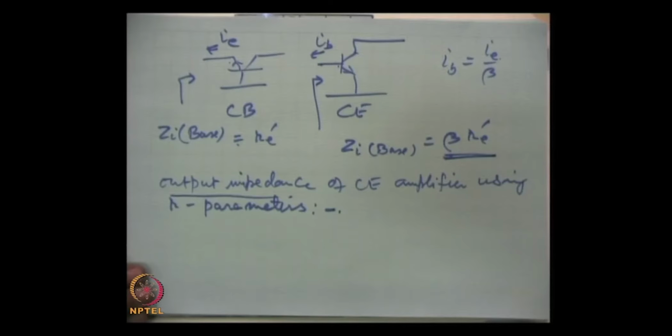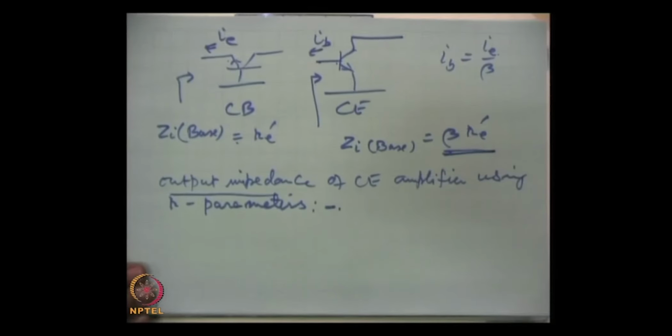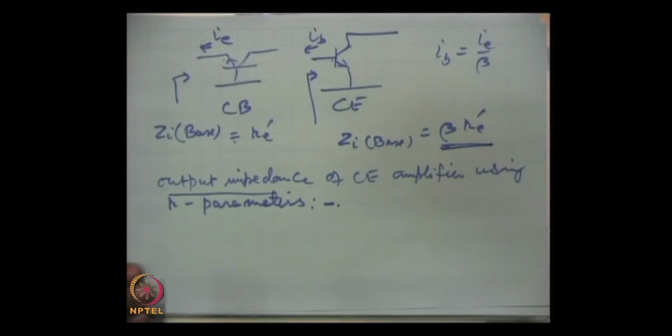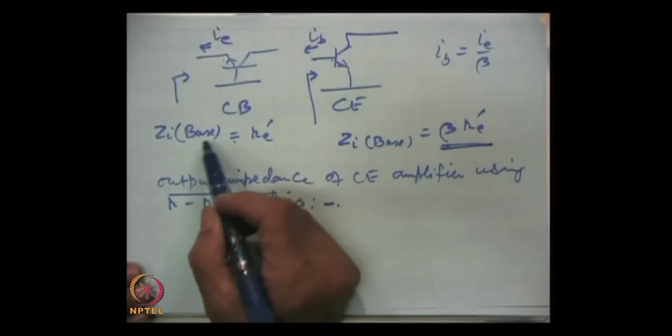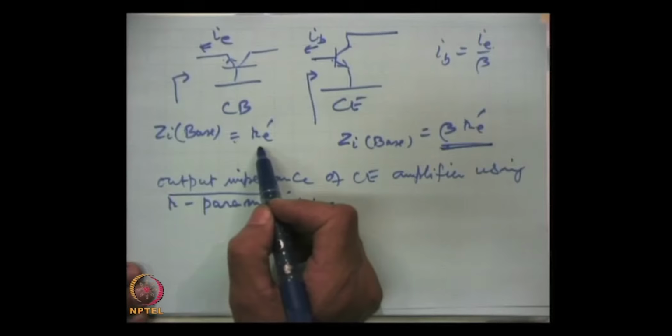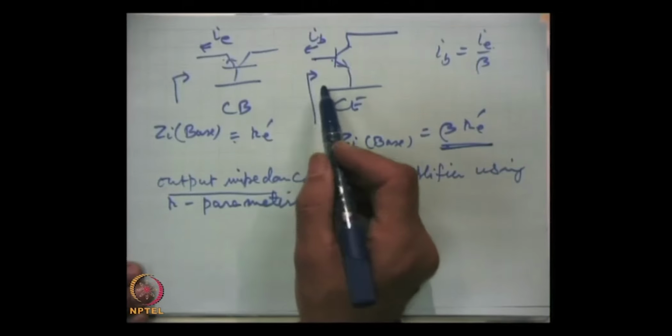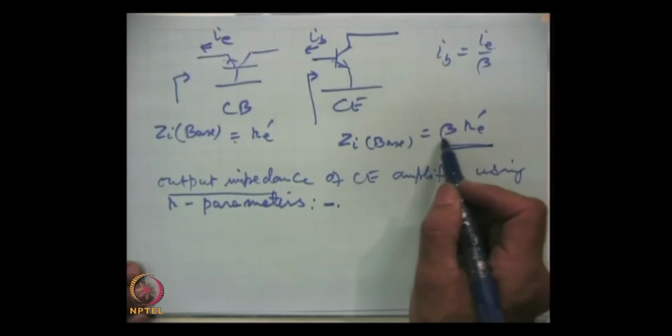Logically we can understand that in CB the input impedance was r_e prime. In CE amplifier it becomes beta times that.